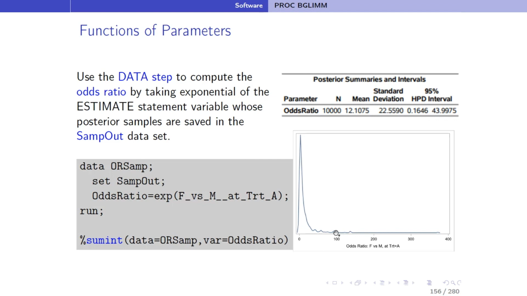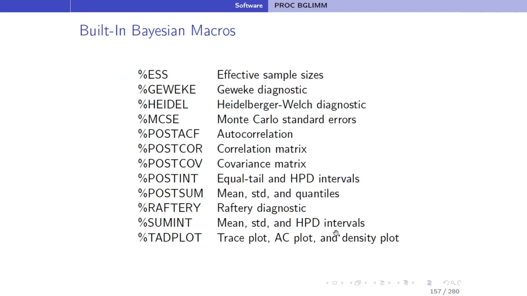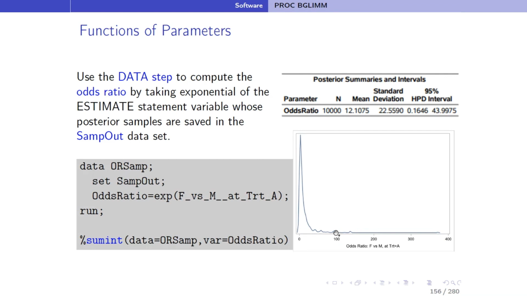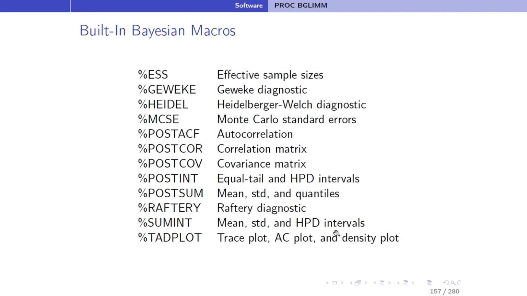So here is how you would do logistic regression, and also infer on linear combinations of parameters using the results of the simulation. This is just a list of built-in Bayesian macros that compute various types of statistics and diagnostics based on the outcome of a posterior data set.